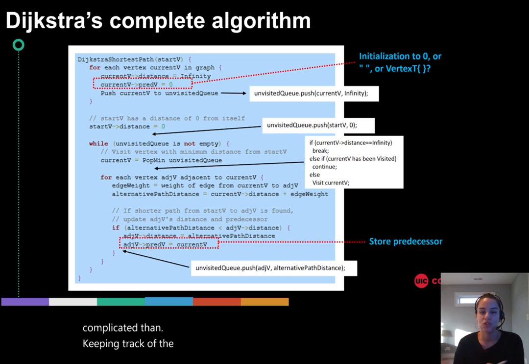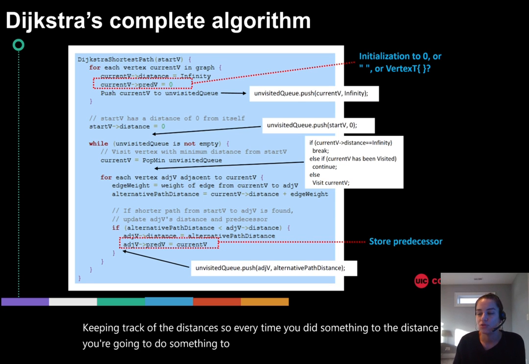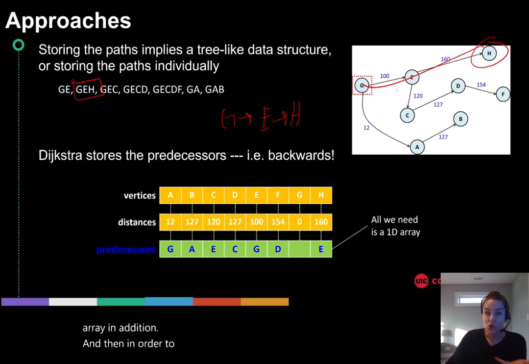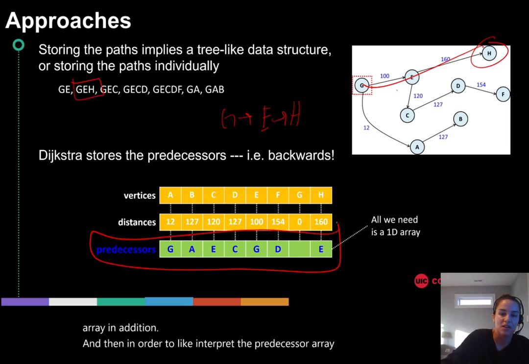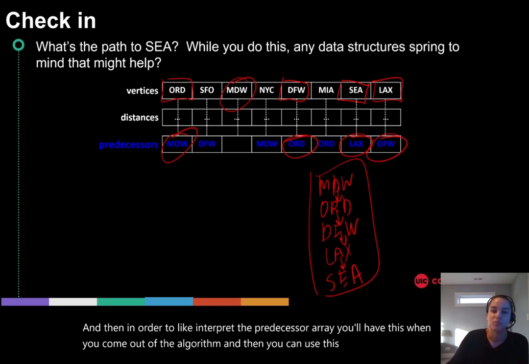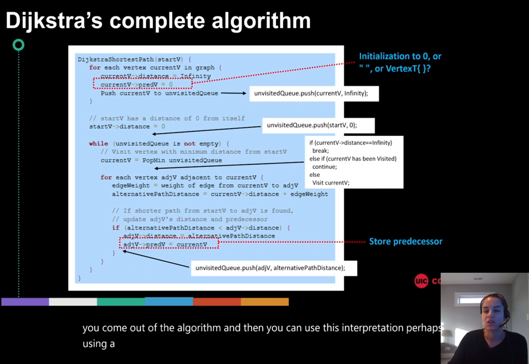Every time you do something to the distance, you now do something to the predecessor as well, and keep track of that array in addition. Then in order to interpret the predecessor array when you come out of the algorithm, you can use this interpretation, perhaps using a stack, to read the actual path at the end. And so that's really all there is to it.